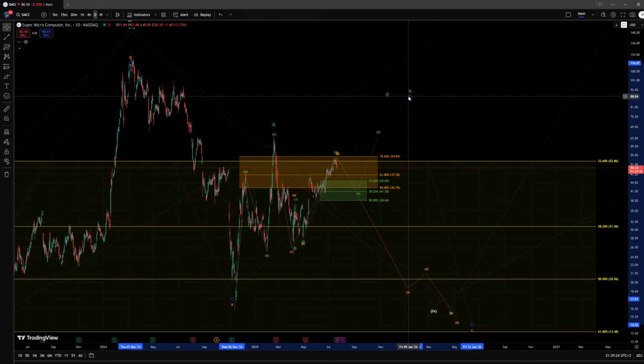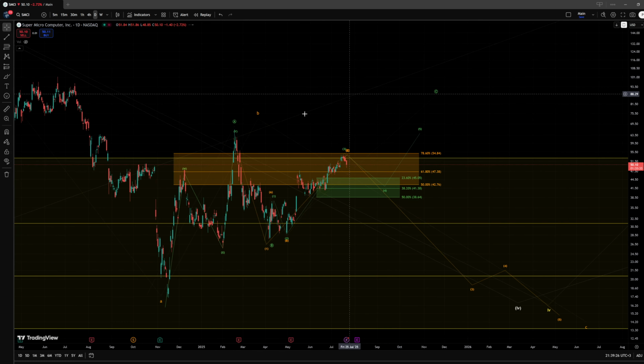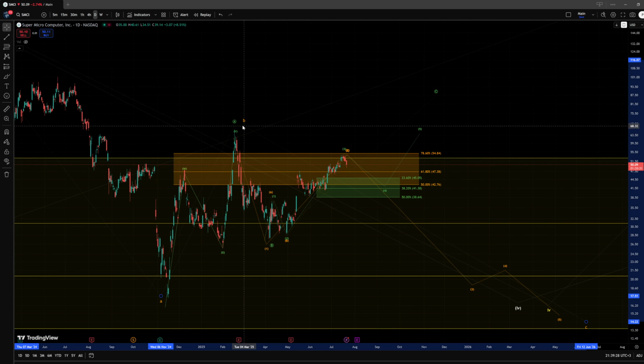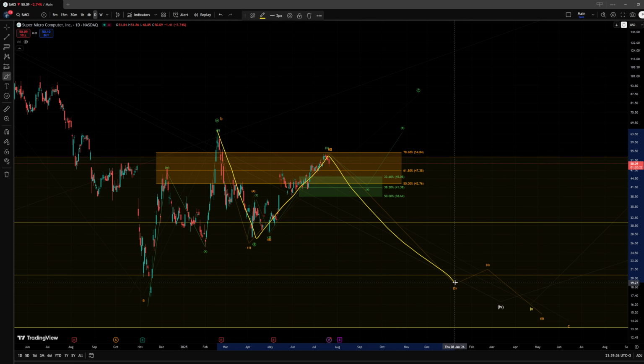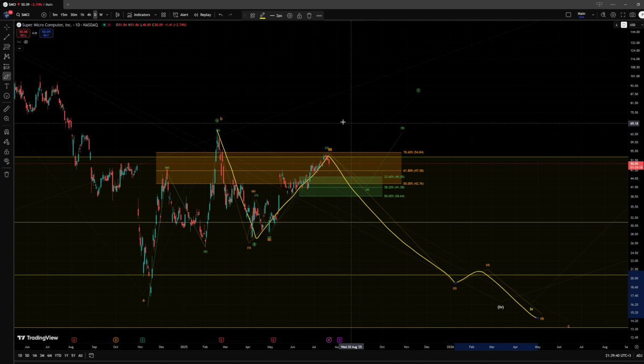the fifth wave. Now, within this supposed orange scenario, we would be tracking a wave 1 down in wave C, a wave 2 up, then a third down, and then we would of course look for the fourth and the fifth if we get them.